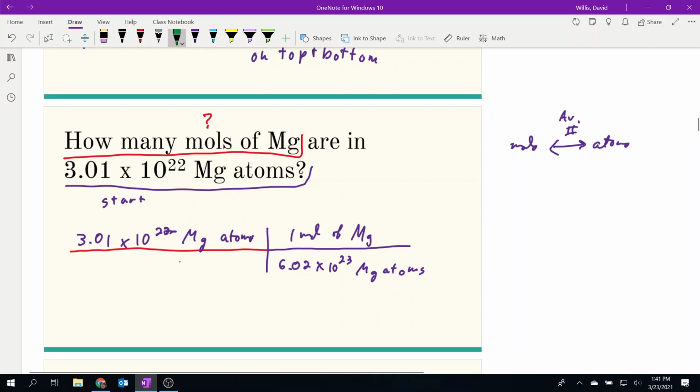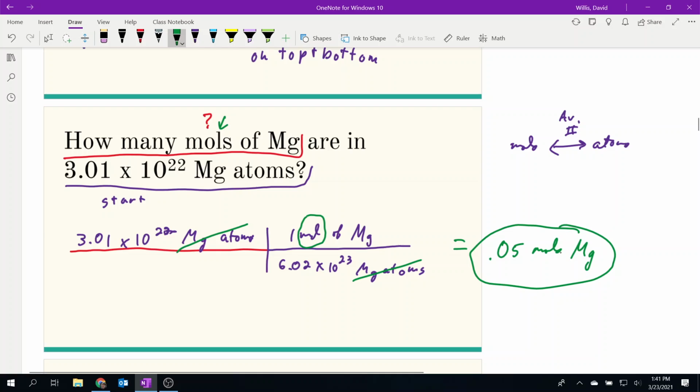And so at this point, magnesium atoms cancels, and I'm left with just moles of magnesium, which is where I want it to be. So I will take this, multiply by 1, and then divide by Avogadro's number, and that should get me somewhere around 0.05. Okay, approximately 0.05, about 0.05 moles of magnesium. Just check it out and see if you get something in that range.